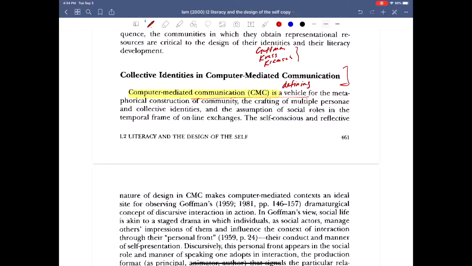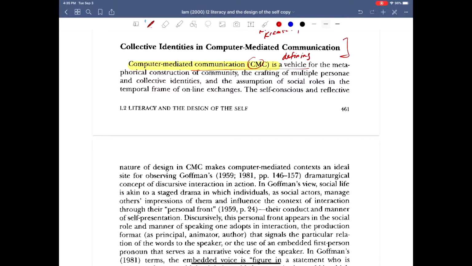One big reason why she's doing it here, of course, is that this is published in a TESOL journal for ESL educators, I guess. These educators won't necessarily know anything about computer mediated communication, so it's important to define it for them. So she's doing a lot more defining here.